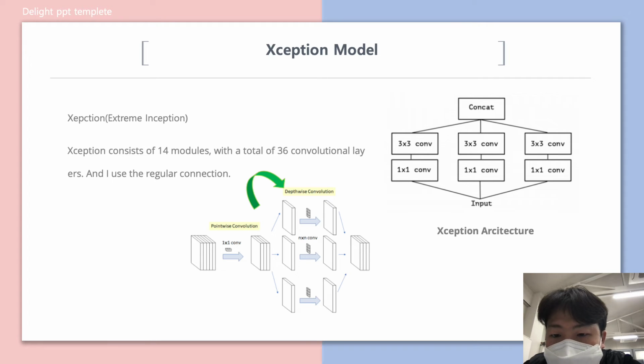Next is the Xception model. Xception is an abbreviation of Extreme Inception.